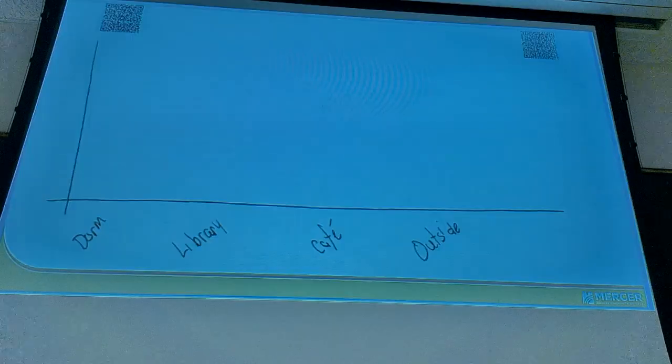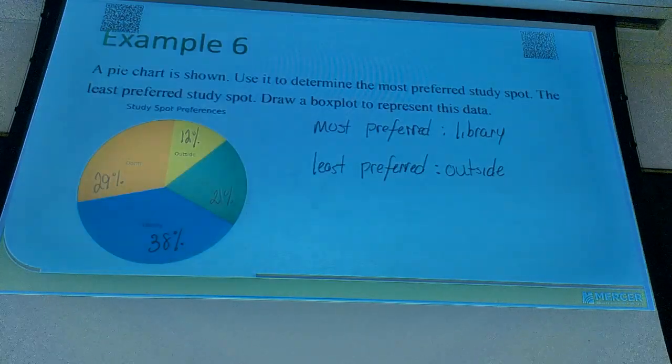Now I don't have counts. So I'm going to take this to be relative frequency instead. I'm going to take each tick to be 20%. Dorm is 29%.